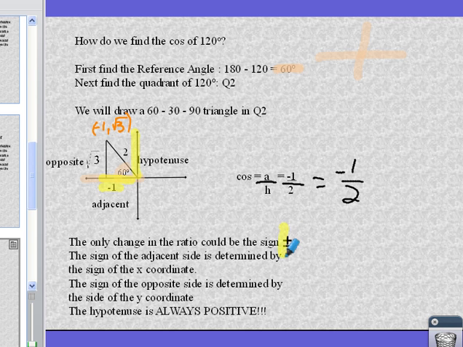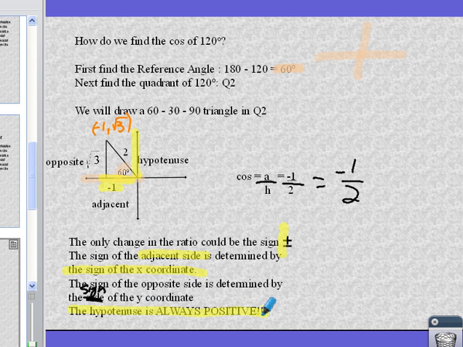It doesn't always. You're going to find out later 2 quadrants are positive and 2 quadrants are negative. The sign of the adjacent side is determined by the sign of the x coordinate. So adjacent basically corresponds to the x coordinate. The sign of the opposite is determined by the sign of the y coordinate. And please note, hypotenuse is always positive.